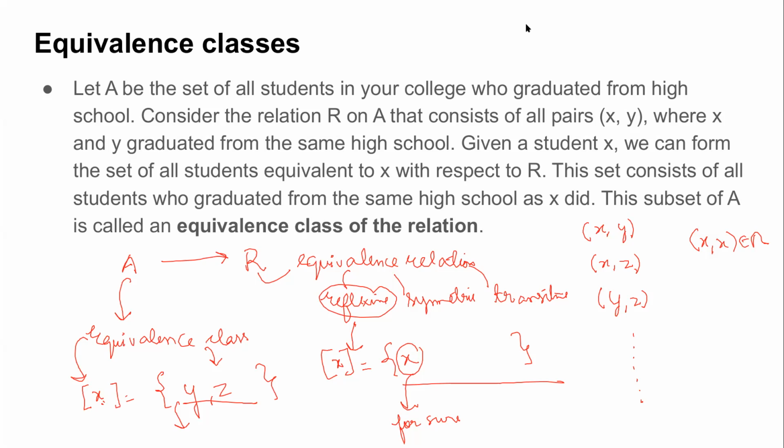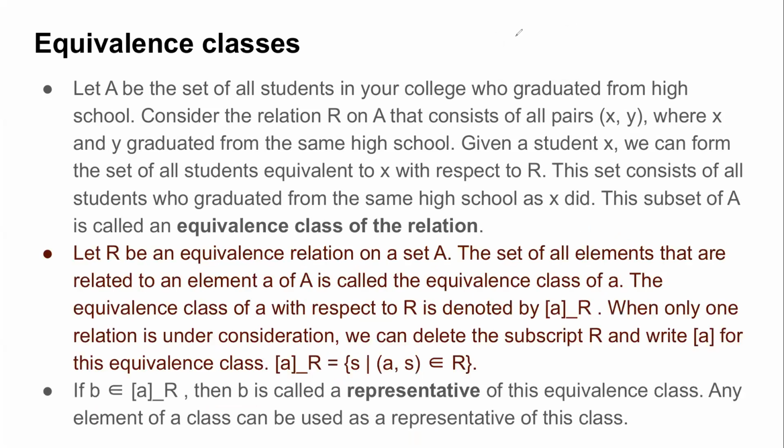Now let us see a more formal definition of it. Given R to be an equivalence relation, as I said, this is important, only then can you define equivalence classes. On set A, the set of all elements which are related to element a of A is known as the equivalence class of a. In general, you represent the equivalence class by square brackets, and inside the square brackets you write the element for which you are going to compute the equivalence class.